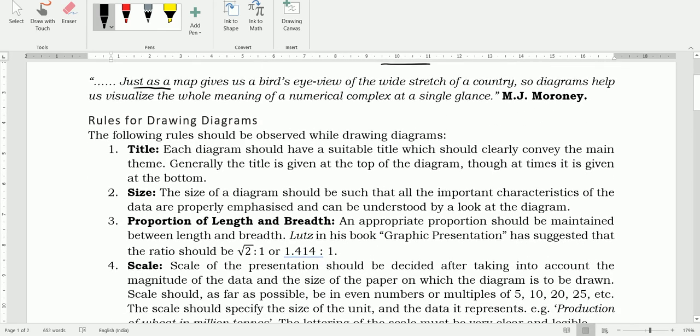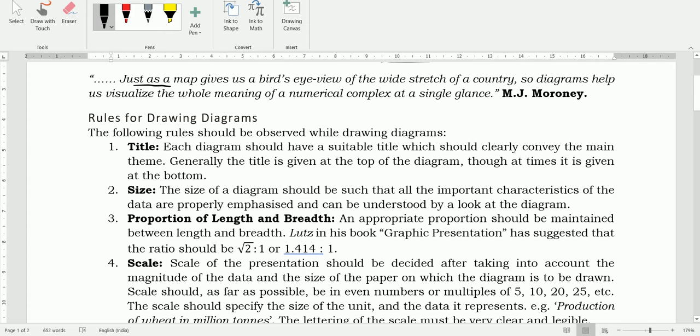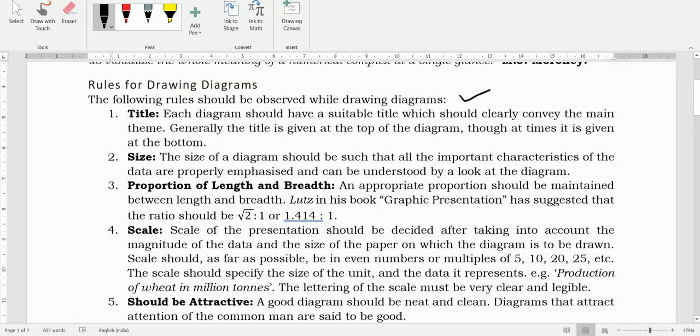We have some rules for drawing diagrams, given here, and we have to follow these rules while drawing diagrams. The first one is title. Each diagram should have a suitable title.